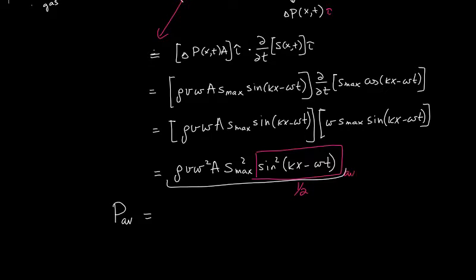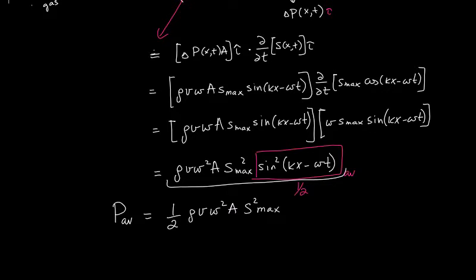So if we take the average of that, then I can rewrite my expression for the average power to be 1/2 rho v omega squared A s max squared, and that will be it.